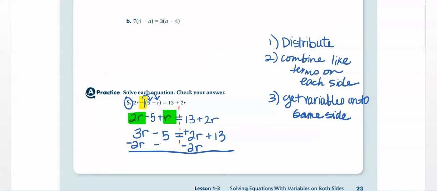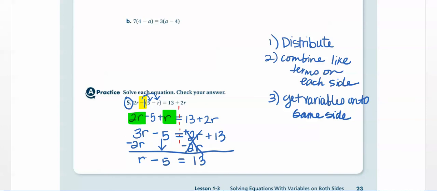I wouldn't put the minus 2r under here, because I can't combine that with 5. But I can combine it with the 3r. So 3r minus 2r gives me 1r, or just r. Bring down the minus 5, bring down the equals. These canceled, equals 13.